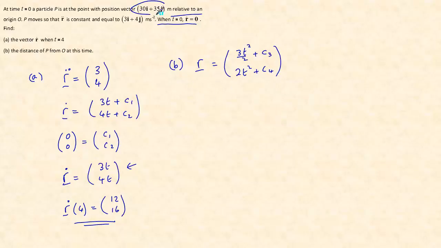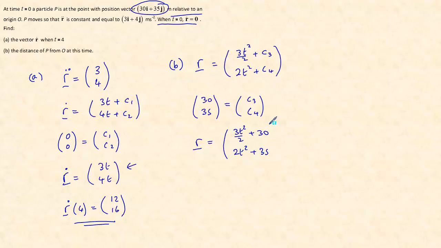And we know initially it's at this position here. So (30, 35) is going to be equal to, these will be 0, so c3, c4. So that means that r is going to be 3t squared over 2 plus 30 and 2t squared plus 35.